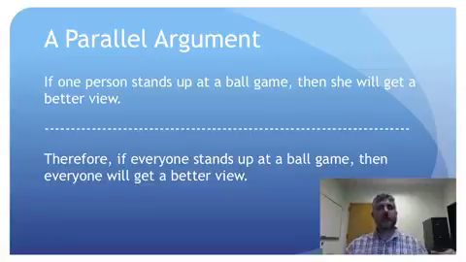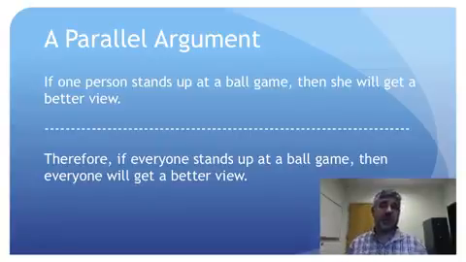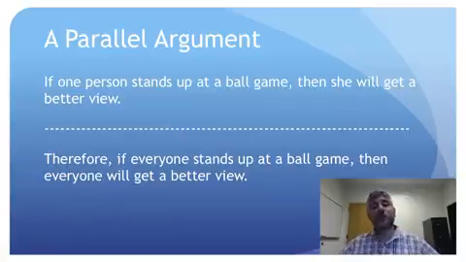I'd imagine that she's sitting in an audience of people, all of whom are seated, and maybe the people sitting in front of her are blocking her view of the events in the stadium. So she decides to stand up so she can see over the heads of the people seated in front of her. So if she stands up, she'll get a better view. Conclusion: if everyone stands up at a ball game, then everyone will get a better view.